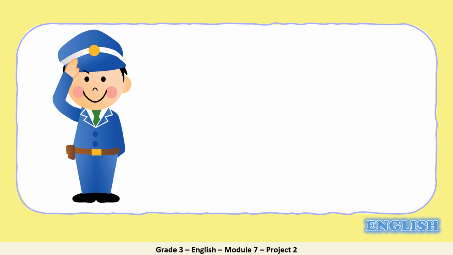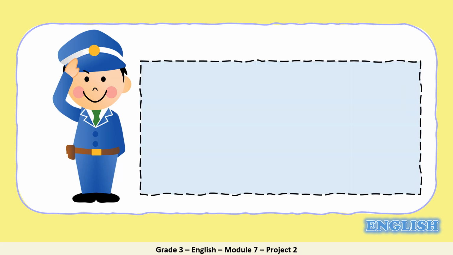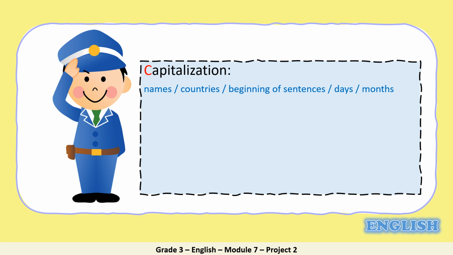Let me remind you. We have C for capitalization. And when do we use capital letters? Exactly, we use it for names, countries, beginning of sentences, days and months. O stands for organization.